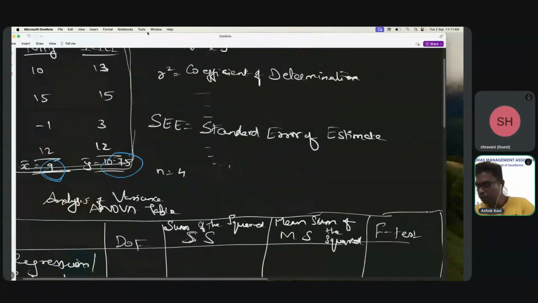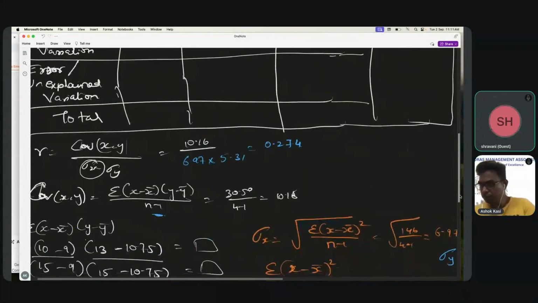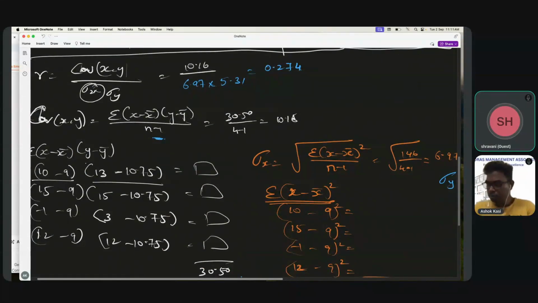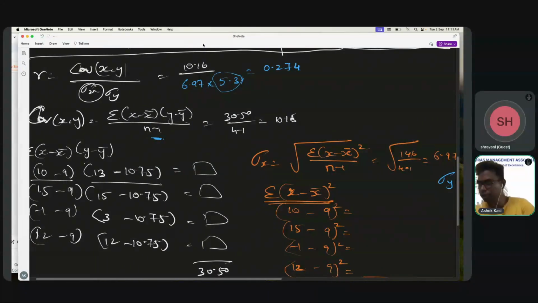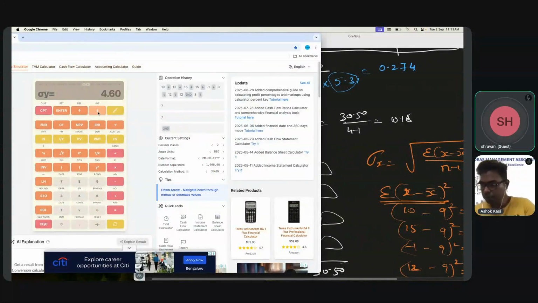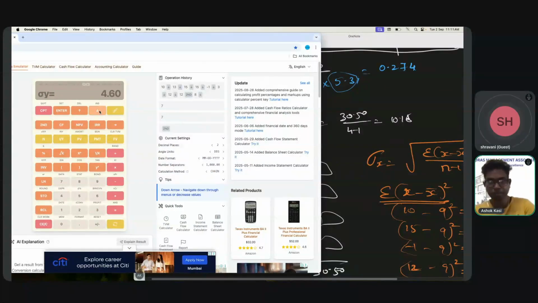So 5.32, 5.31. Okay, fine. This is also okay. So all these are right. Then downward arrow. This is population standard deviation of y, which we don't require.